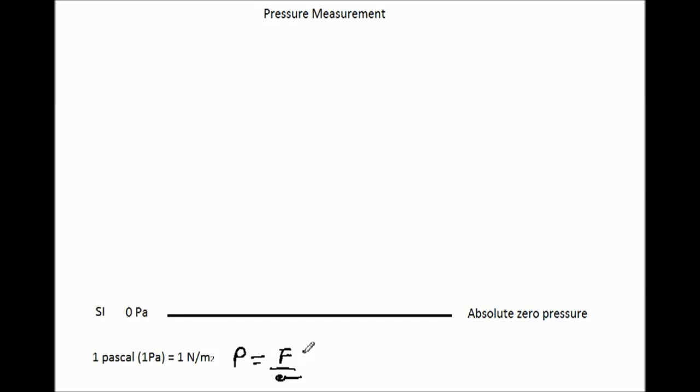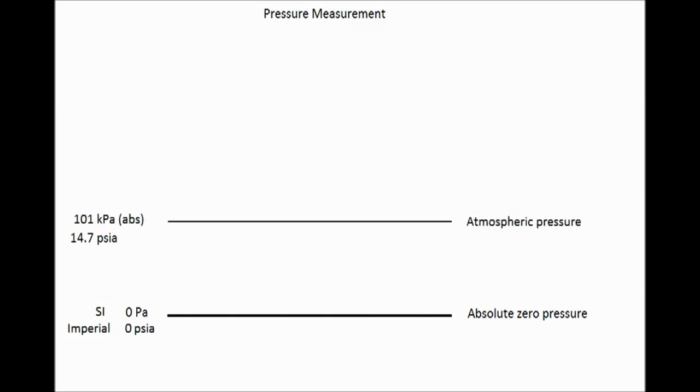So the force would be in newtons and the area would be meters squared. The imperial measurement for absolute zero pressure would be 0 psi with the subscript A for absolute.